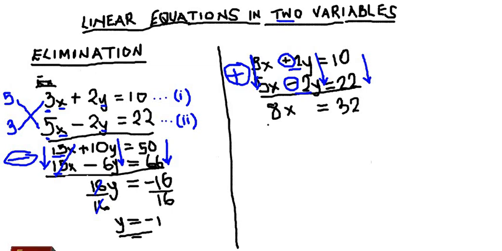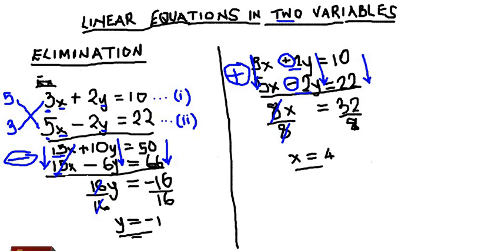To proceed, we divide by the coefficient of x, which is 8, so that we find the value of x. We divide both sides by 8, and our value of x will be 4.